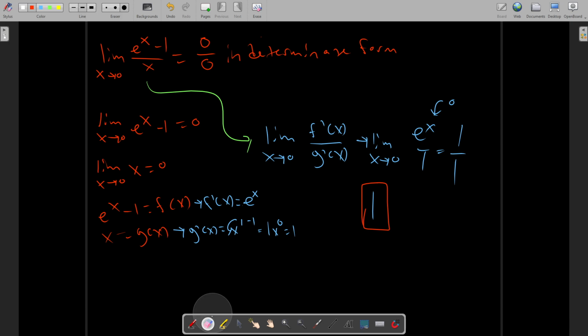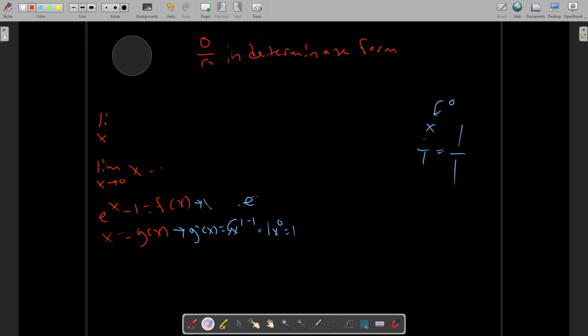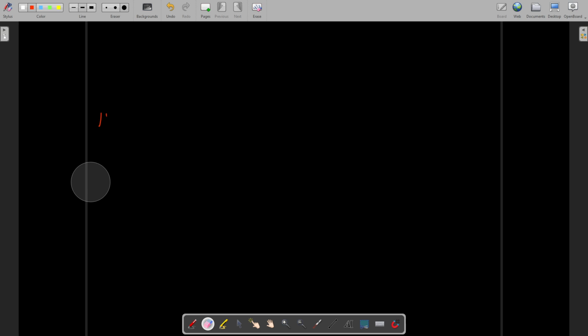Great. So those are 3 examples. And then we can talk about another thing that you'll probably see a lot. So let's say something like the limit as x approaches infinity. That's a bad infinity.